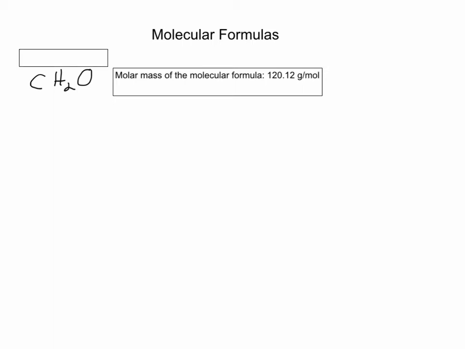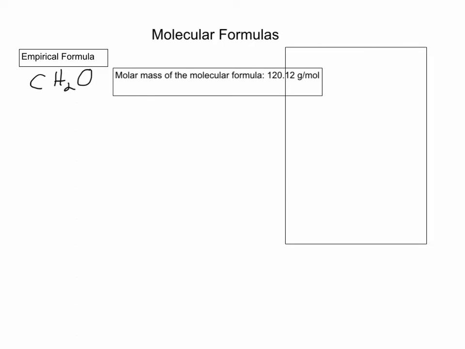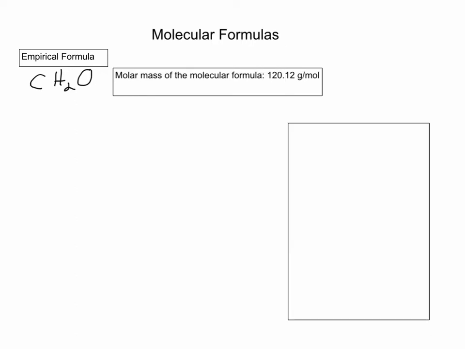And remember that the formula you're given is the empirical formula. So in solving for what the molecular formula is, it may be useful to figure out whether maybe I already have the molecular formula. It's possible. So how would I go about doing that? Well, we have the molar mass of the molecular formula, so what we have to do first is find the molar mass of the empirical formula.